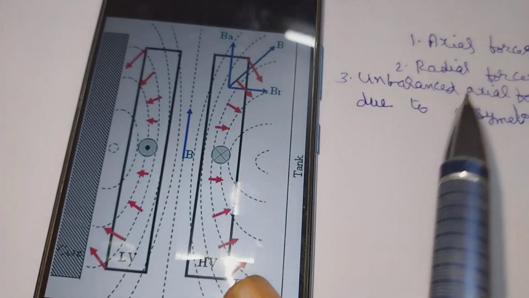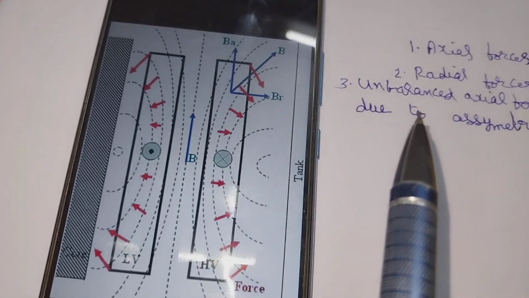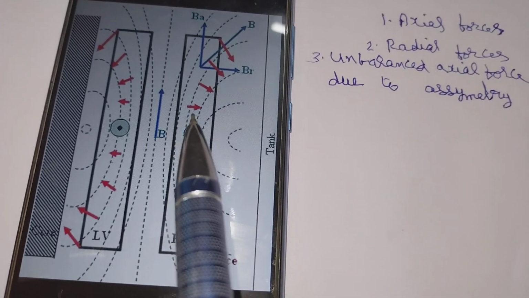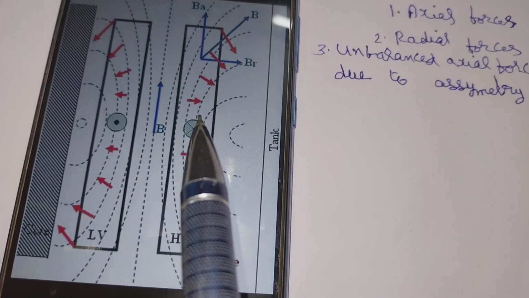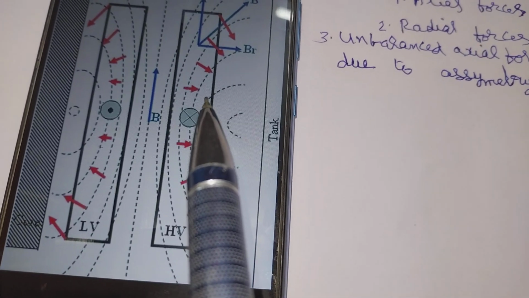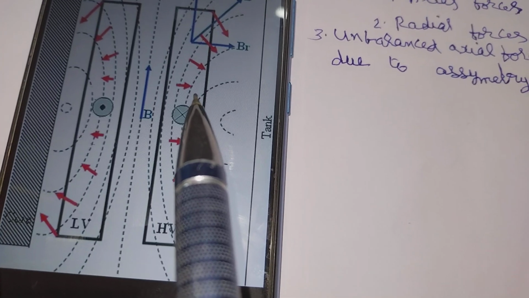So you might have watched often that the LT rarely fails, mostly the HT side of the transformer fails. This is one of the reasons why.